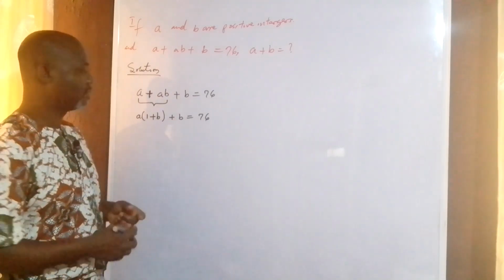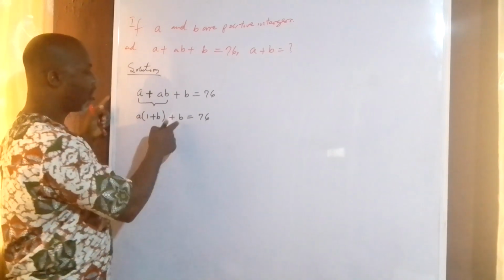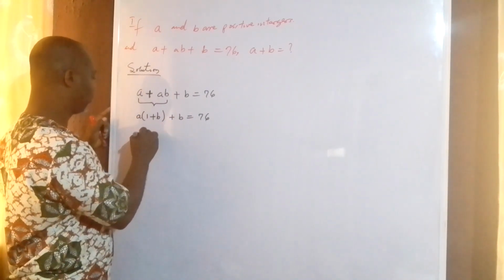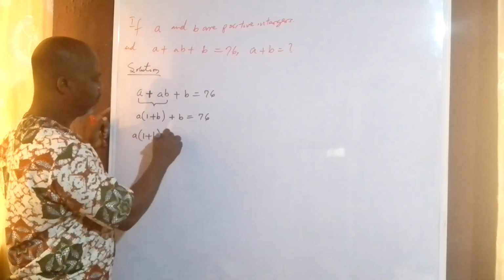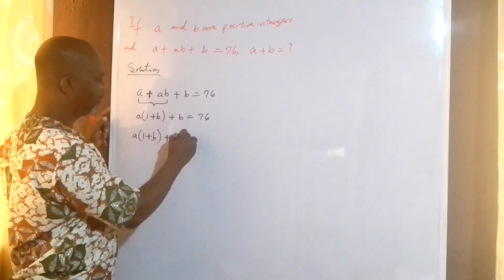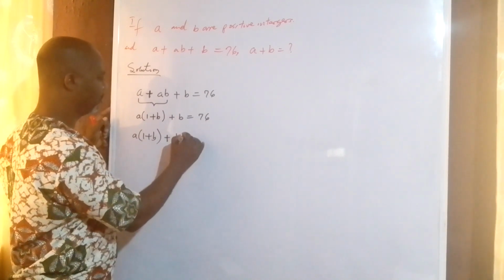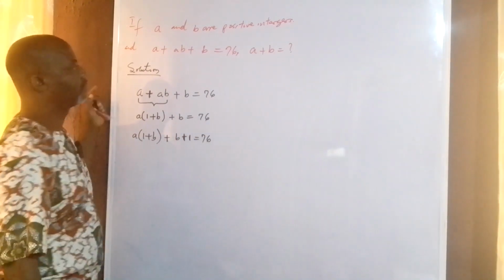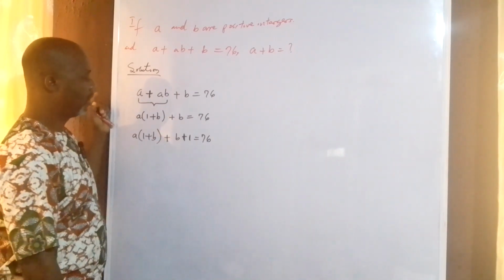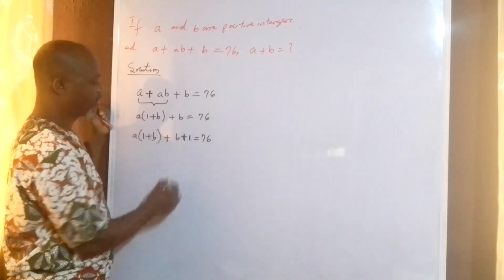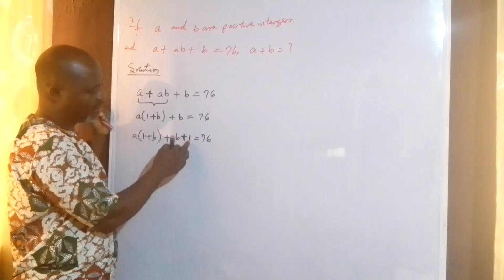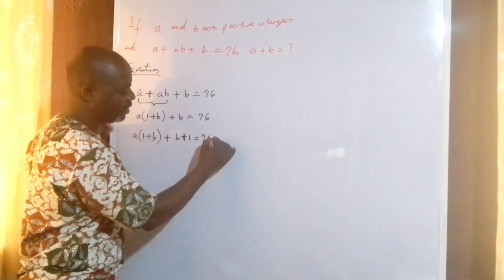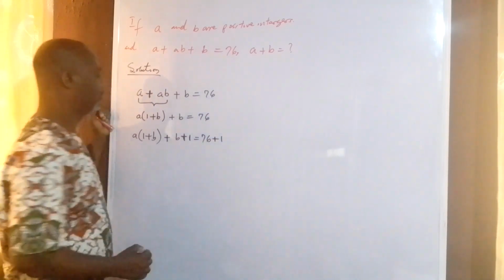The answer is yes. We just need to add 1 to b. So I say a bracket 1 plus b plus b plus 1 equal to 76, and whatever I add to the left must also be added to the right, so the 76 becomes plus 1.